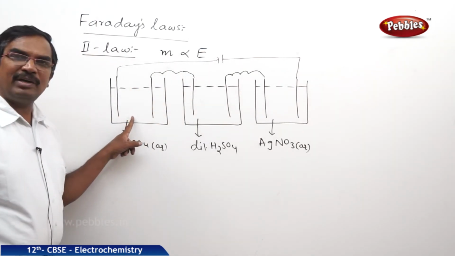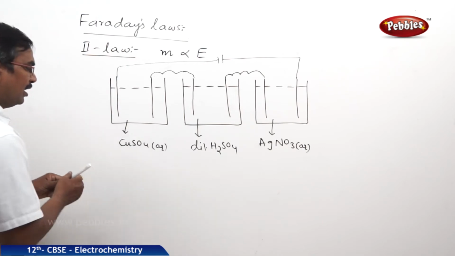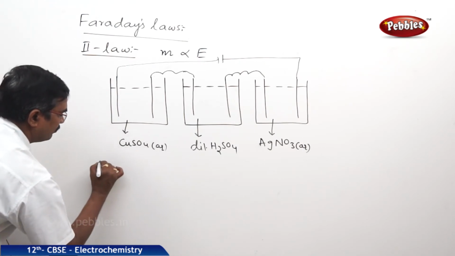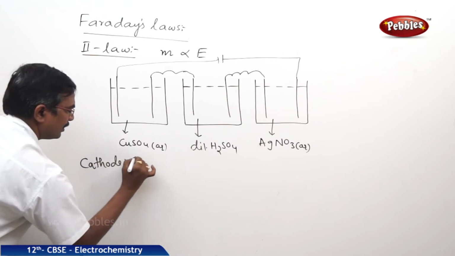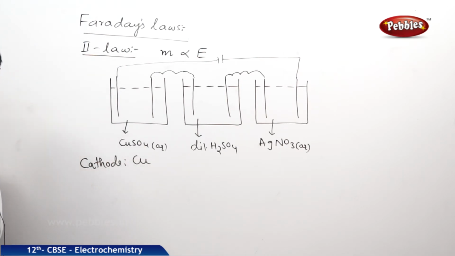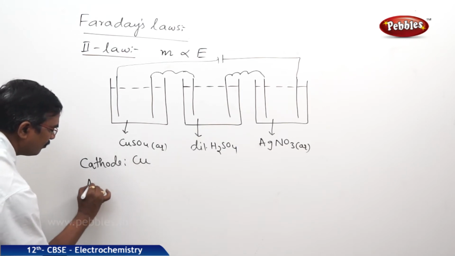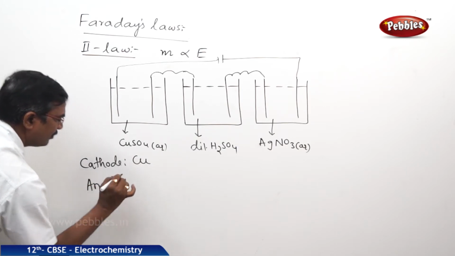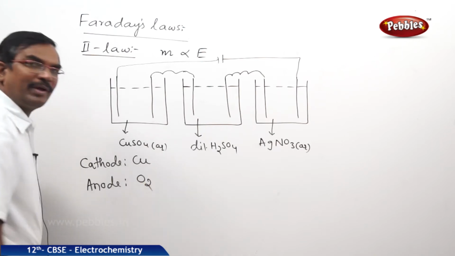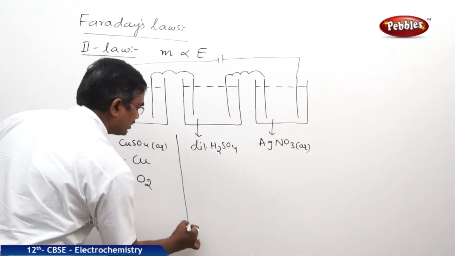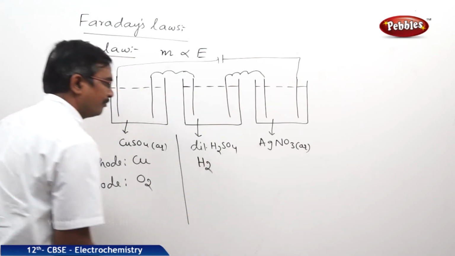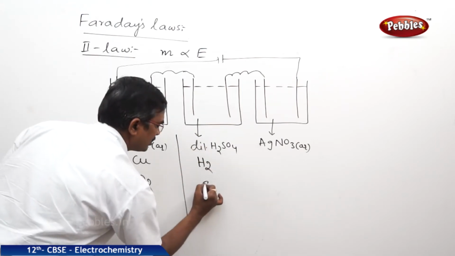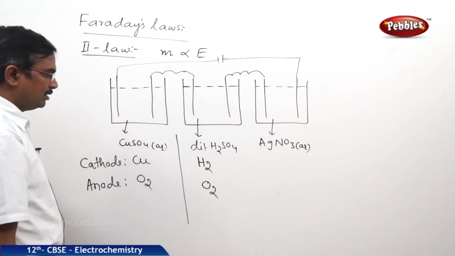Here the products what we are getting, the corresponding electrodes will be at cathode, copper we are getting, but at anode we get oxygen, O2 gas. And coming to this case, the cathodic product is hydrogen gas, and the anodic product is oxygen gas.